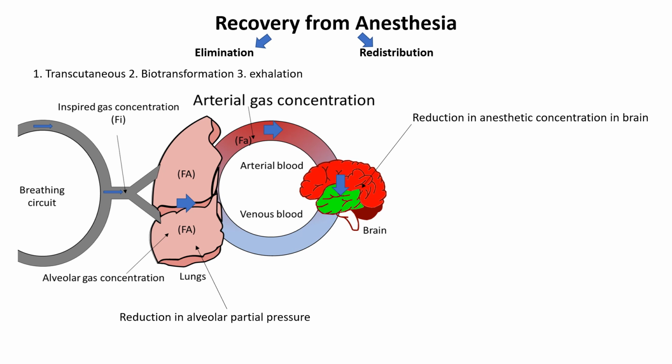The process follows the reverse of induction and depends on factors like tissue perfusion, anesthetic solubility, and ventilation rate. Once administration stops, alveolar partial pressure decreases, creating a gradient that drives anesthetic from the blood to the alveoli. The brain, being part of the vessel-rich group, rapidly loses anesthetic as it diffuses back into the blood due to the lowered alveolar concentration.